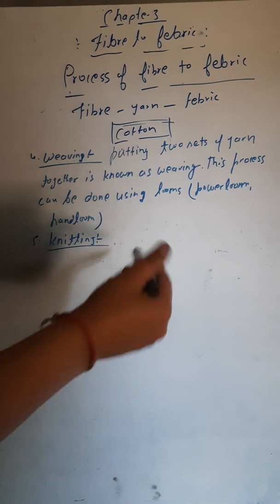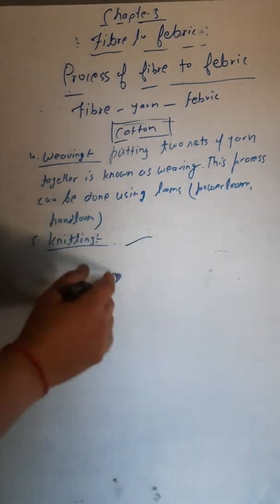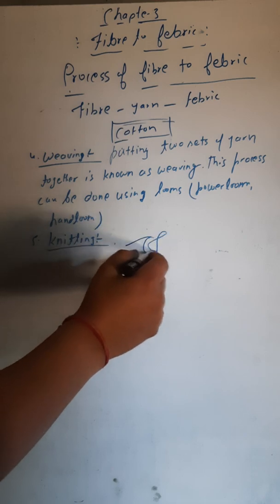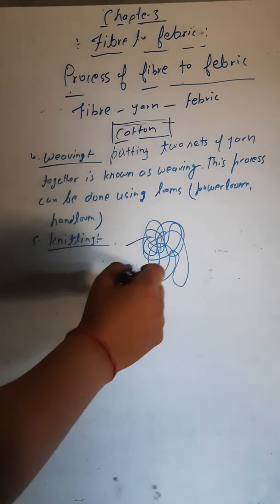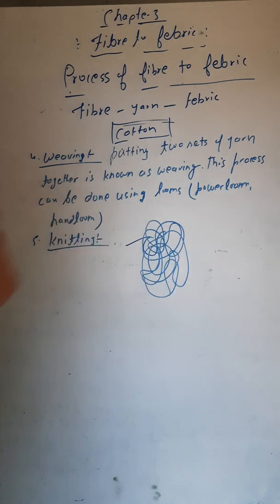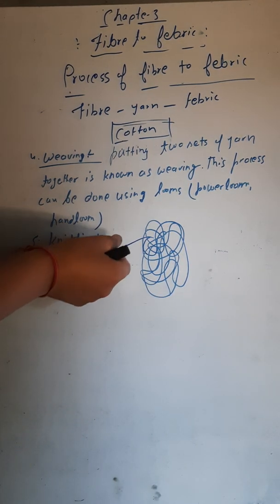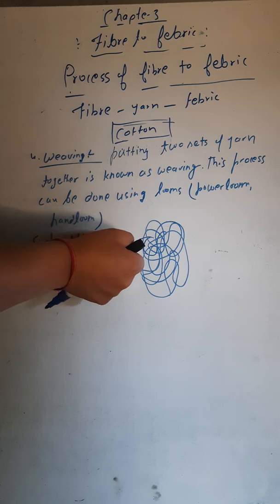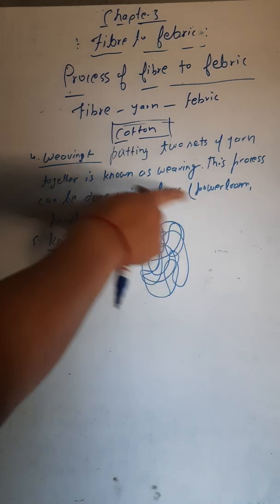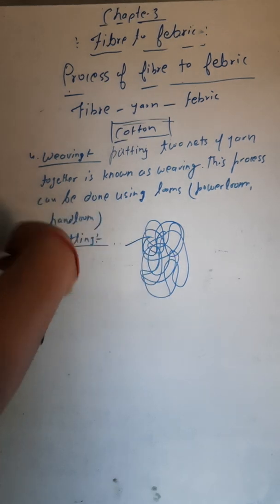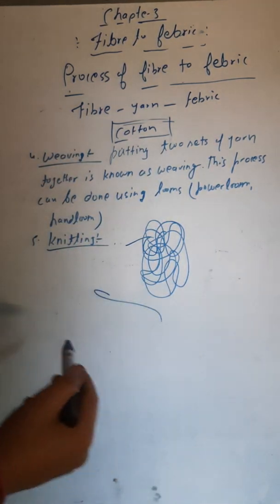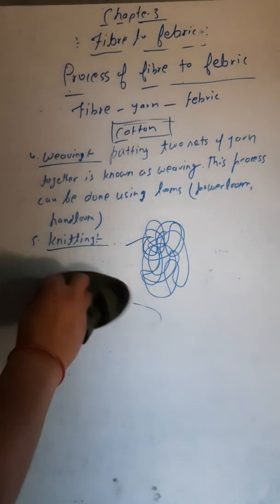Like suppose with a piece of single yarn you make a fabric, that is the cotton or woolen cloth, whatever you are making. As you pull out this single yarn, the whole fabric will be dispersed. Are you getting this? So this process is called knitting.